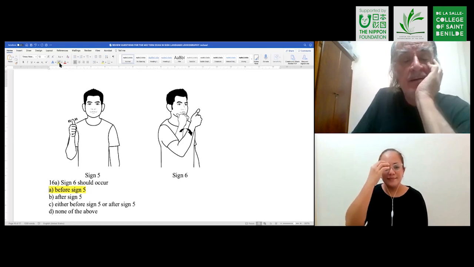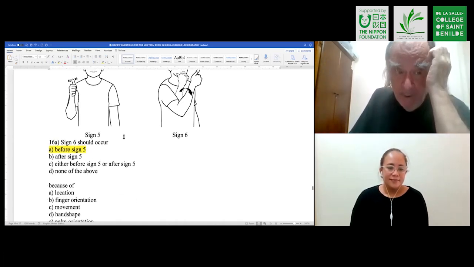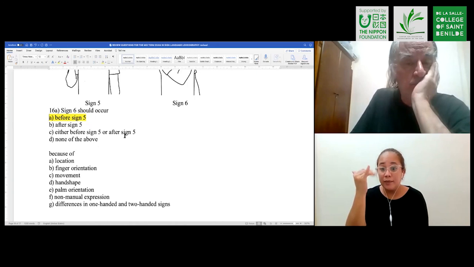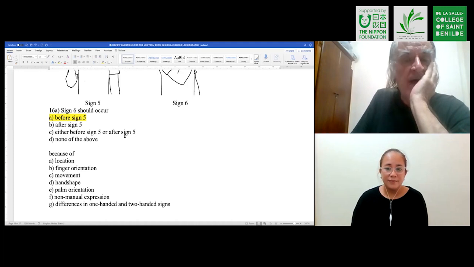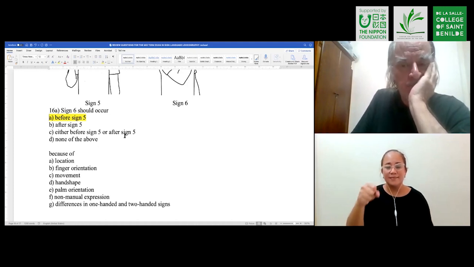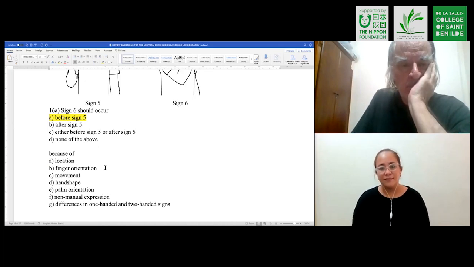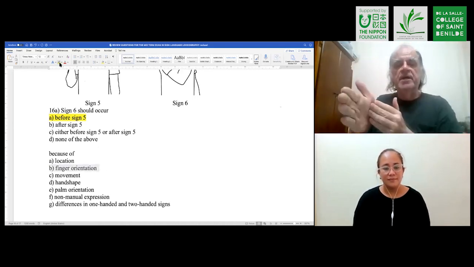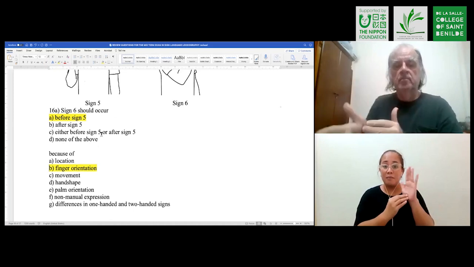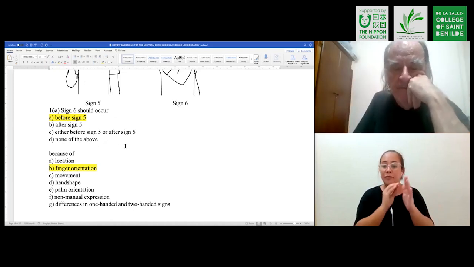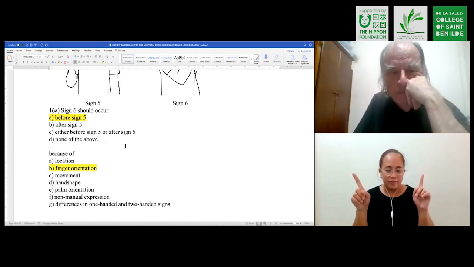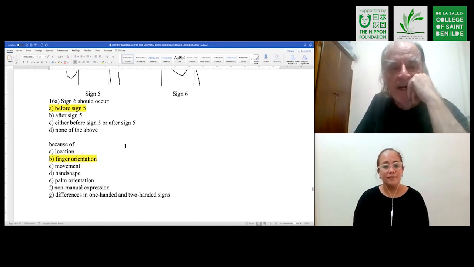Okay. And why? B. Yes, finger orientation. The palm orientation is the same. Finger orientation is different. Up goes before out.